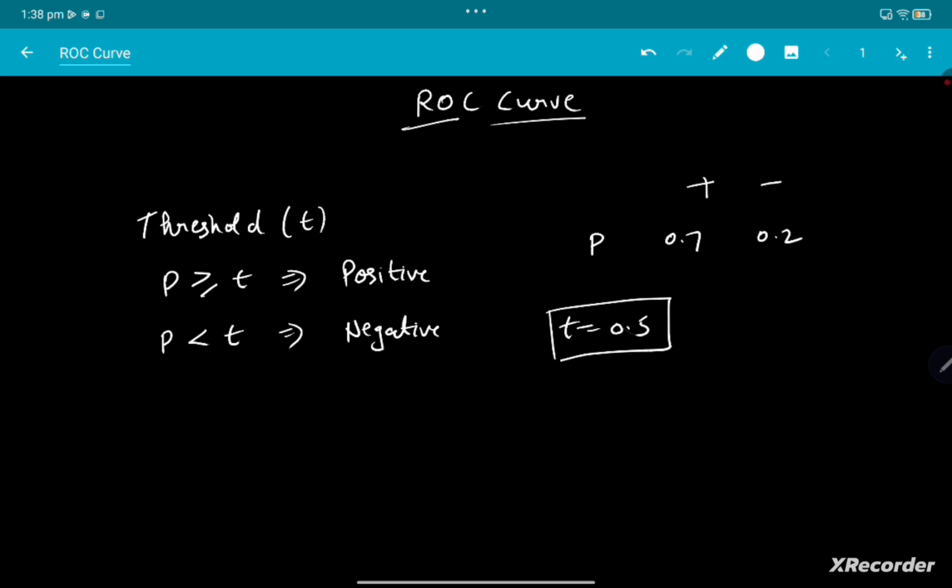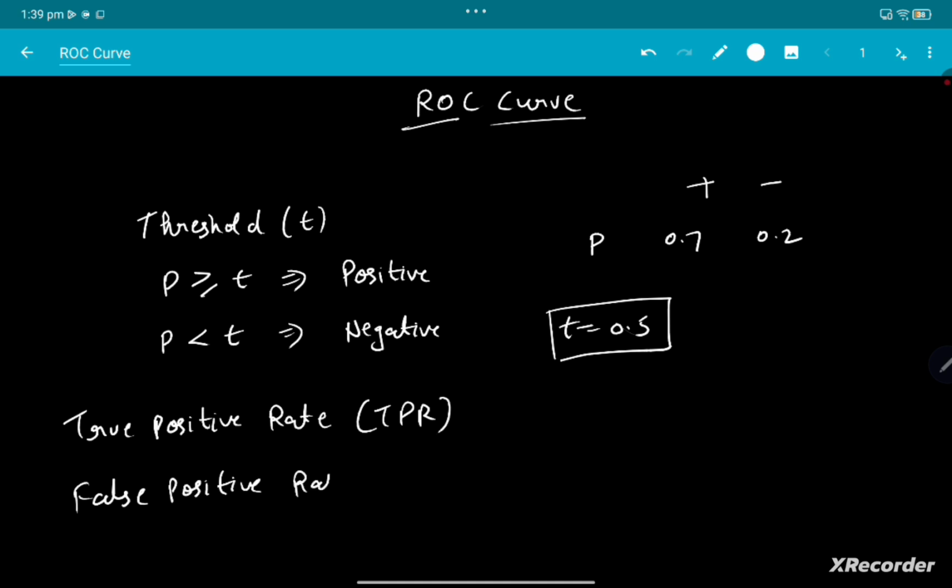So before defining the ROC curve, let us recall two important quantities from the confusion matrix, which are true positive rate and false positive rate. So what is true positive rate?